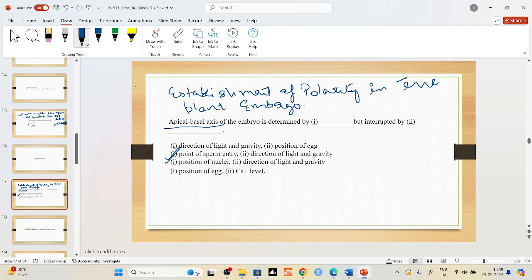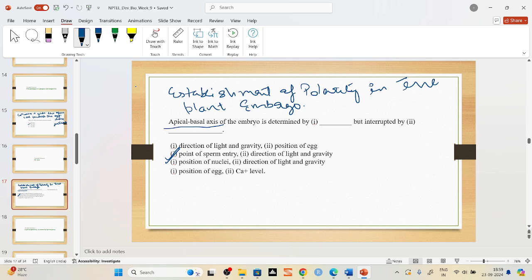So the first thing that directs the apical basal axis formation is the point of sperm entry. That means the point where fertilization has taken place determines the polarity.